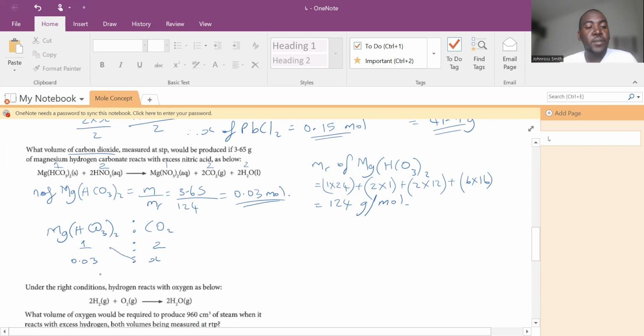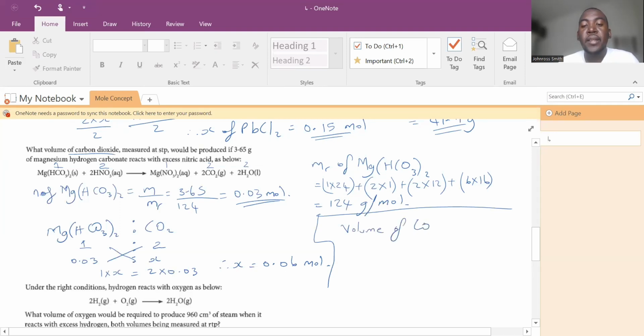So again, it's cross multiply, so it's 1 times x equals 2 times 0.03. So therefore, the x would be 0.06 mole. But this question did not want us to find mole. It wants us to find the volume of carbon dioxide, which would be equal to the mole times the volume at STP.